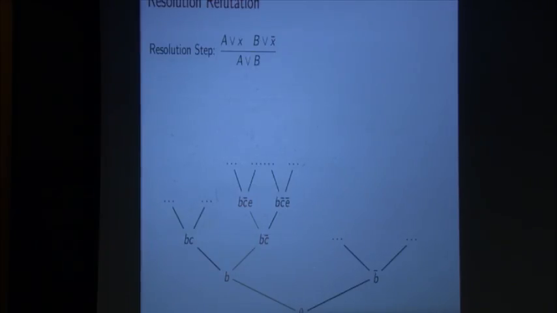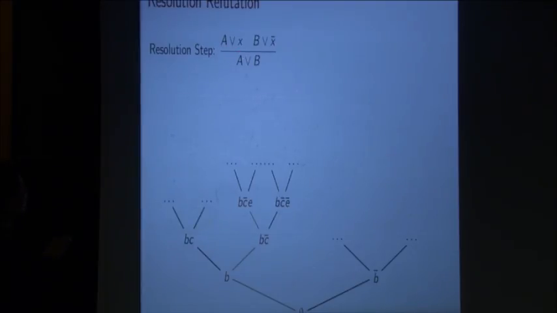And exactly this rule says assume that you could satisfy with the same assignment A or X and B or X bar. Clearly, if you could satisfy both, you could satisfy the result. So that's the intuition behind the resolution step. It's a sound proof system. Yes, right. Resolution refutation is a proof system. It has only one step.